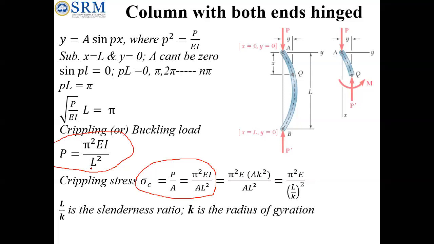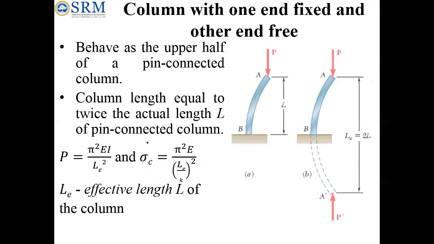That will vary for the four conditions. We can also rewrite this equation with respect to the slenderness ratio, and that is also given here. So for easy remembering, P is equal to pi square EI by L square. That is the crippling load. Now this is with respect to the column with one end fixed and the other end free.